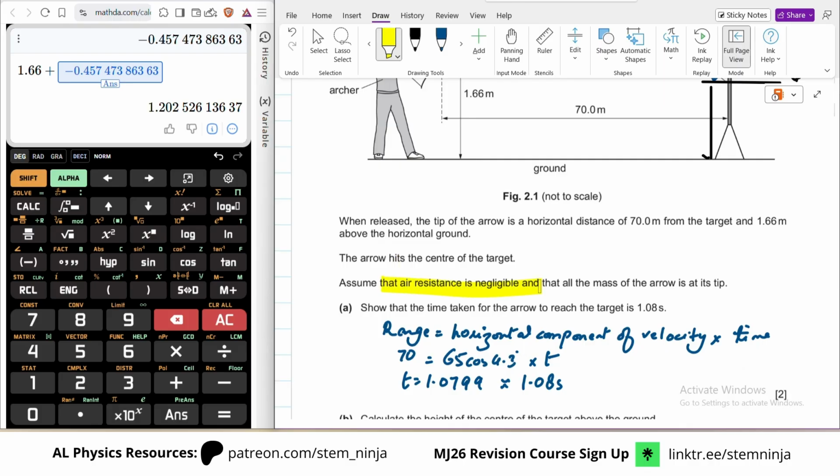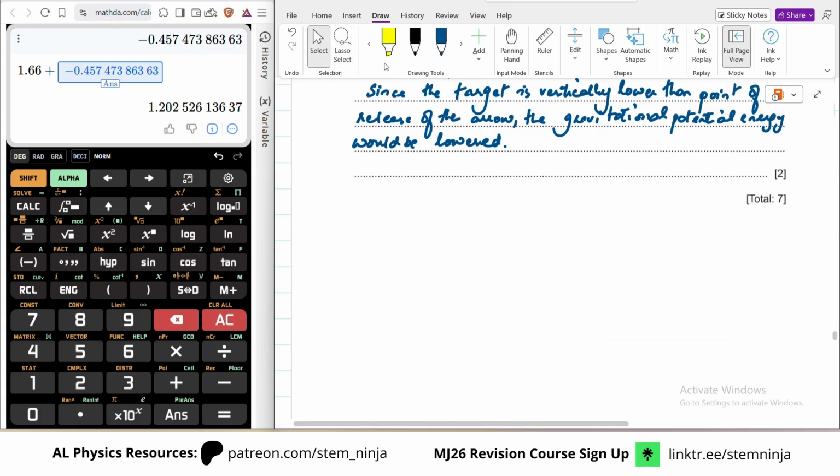See, air resistance is negligible, that means the mechanical energy is conserved.